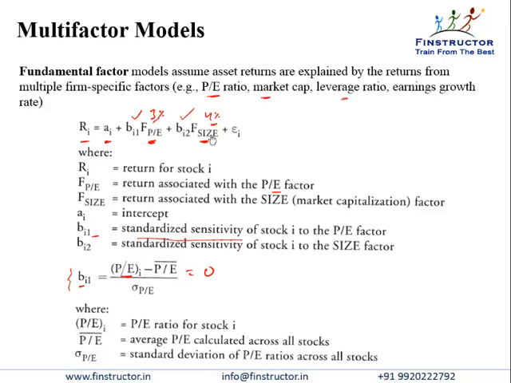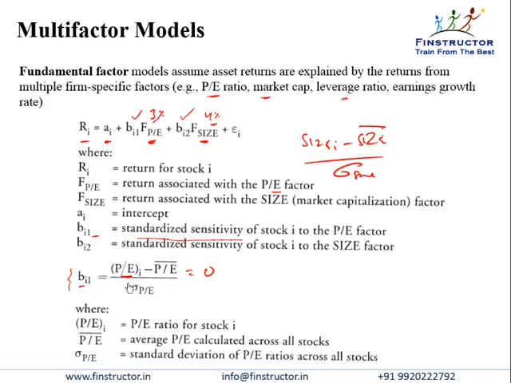Is our company a higher sized company or a lower size company? Simply it will be the size of our company minus the average size of the market divided by the standard deviation in the size, that will be the standardized size beta. Again, if our size is the same as average, then this difference will be 0. The P by E factor is the return associated with the PE.